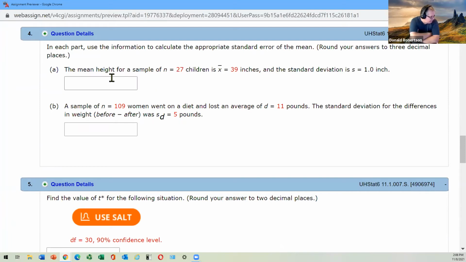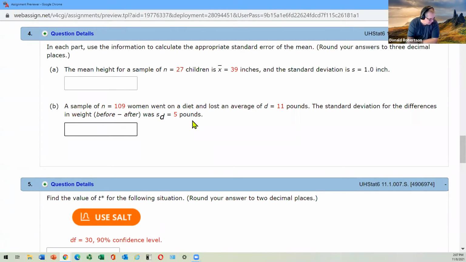Let's move on to this one. The height, what we got? We got 27, we got 39, and we get 1. And we're being asked to do the standard error. So in this question here, isn't it just going to be 1 divided by the square root of 27, and that doesn't matter.